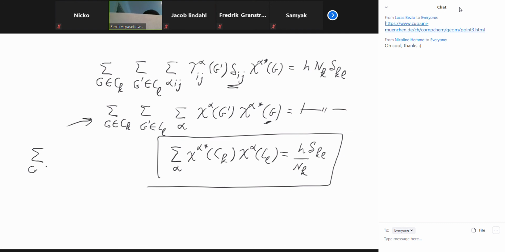G belongs to C_K of chi of G. So that is equal to N_K chi of C_K. Yes, because there are N_K elements in this class C_K, and the characters are all the same. Is that okay? Exactly.